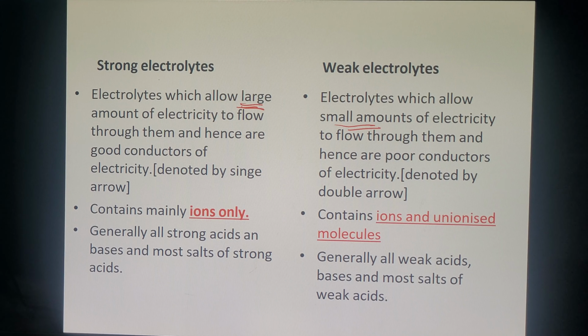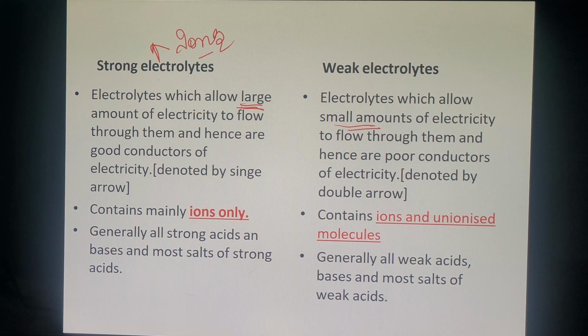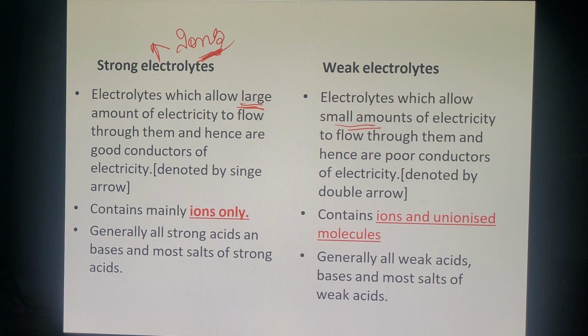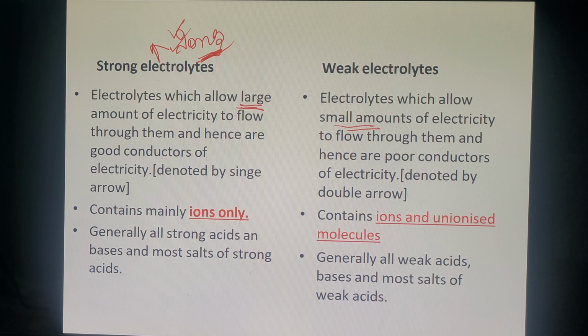Now please remember the major difference between a strong electrolyte and weak electrolyte. The moment I tell you it's a strong electrolyte, in the solution you will be finding only and only ions. Whereas when you take a weak electrolyte, ions are the things that are conducting electricity.